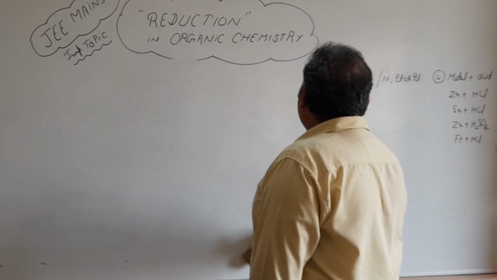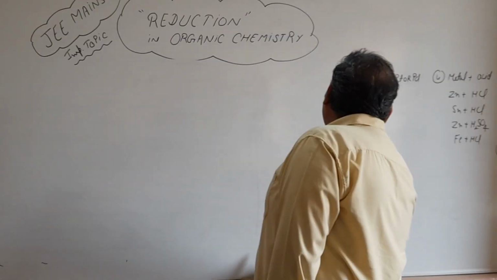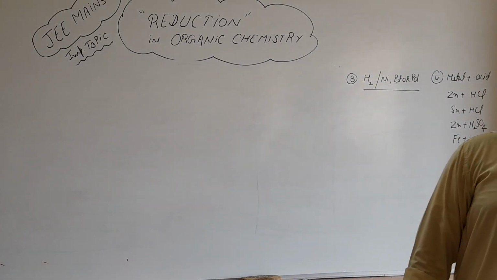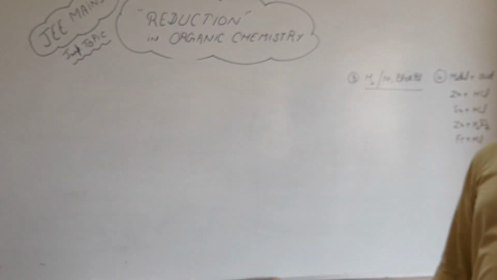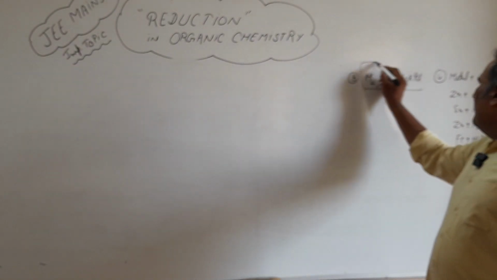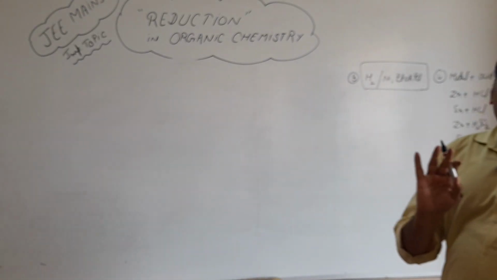So next is H2 with Ni, Pt, Pd. We can use nickel, platinum, palladium. Okay, hydrogen over nickel, platinum, palladium we can use. But it is not a selective reducing agent.